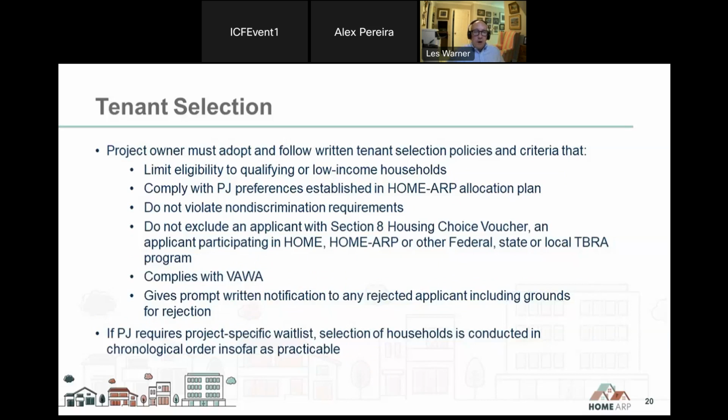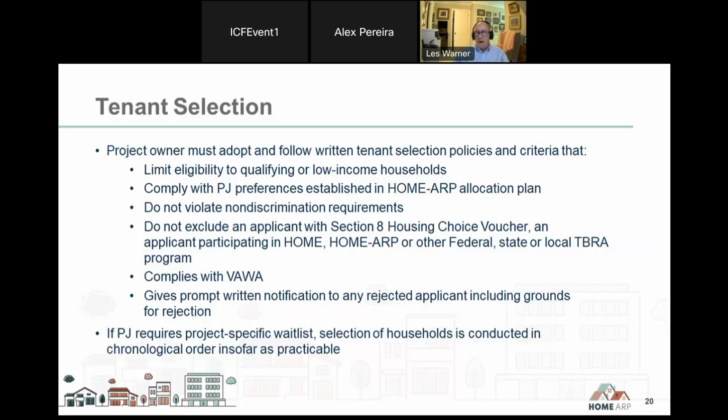So as part of this, the project owner is going to need to adopt and follow that written tenant policy and criteria. And so thinking about, we talked about these restrictions on the designated number of units that have been set aside for qualifying populations versus low-income households. So that becomes part of that tenant selection process.